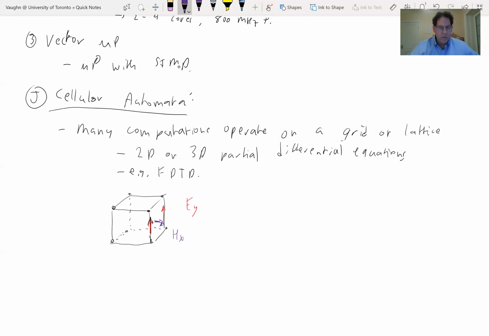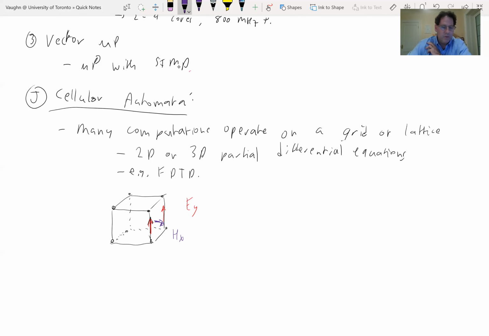And I'm not going to write all the equations, but basically I can compute HX at a certain time step from my electric fields at the prior time step, because magnetic field is related to the rate of change of the electric fields around it. I'm not going to write all the equations out because you get a whole bunch of them pretty quickly. But the idea is I could step in time.